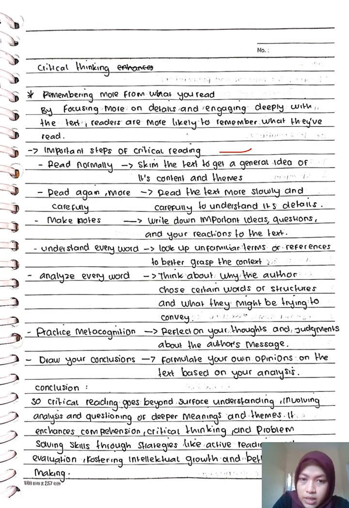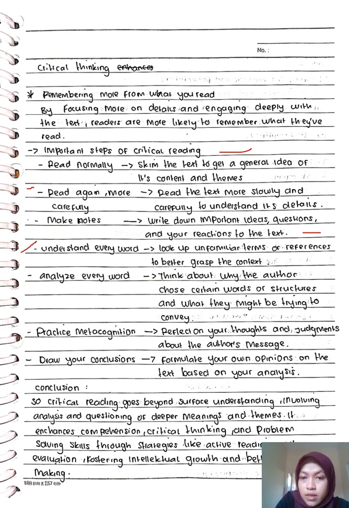So the important steps of critical reading. One, read normally, skimming the text to get a general idea of its content and themes. Two, read again more carefully. Read the text more slowly and carefully to understand its details. Three, make notes. Write down important ideas, questions, and your reactions to the text. Four, understand every word.